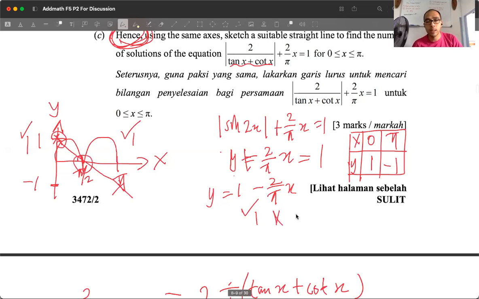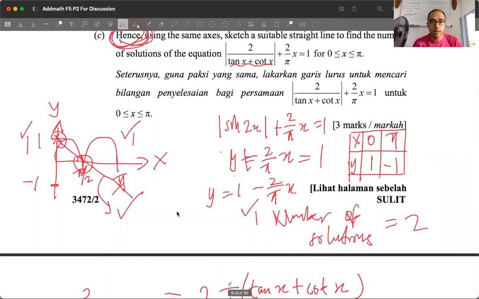So the number of solutions equals 2. Equation 1 mark, straight line drawn correctly 1 mark, number of solutions 2, provided you circle the solutions. That's how you get the 3 marks.